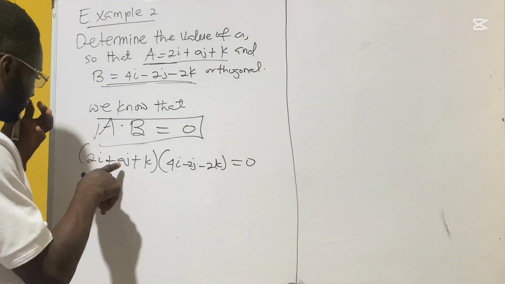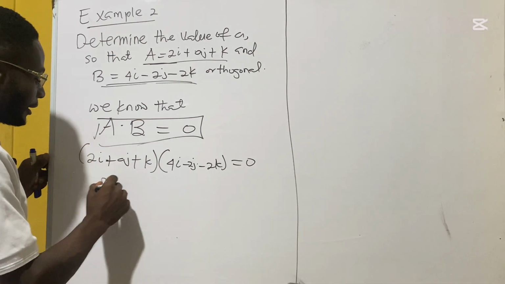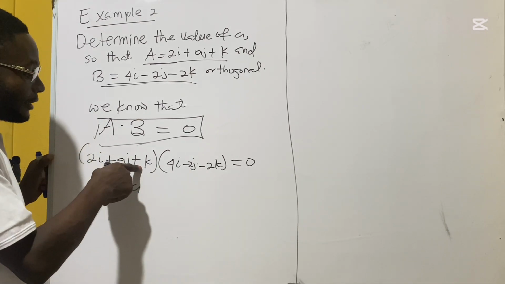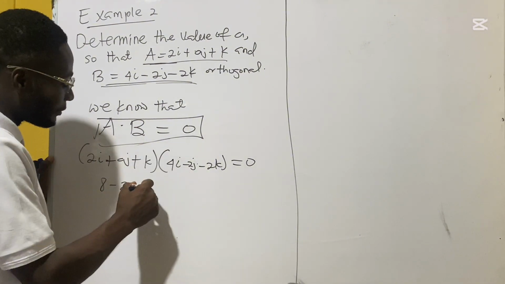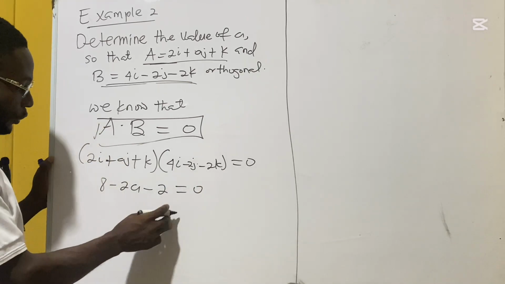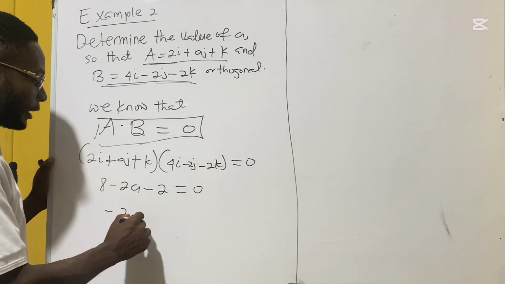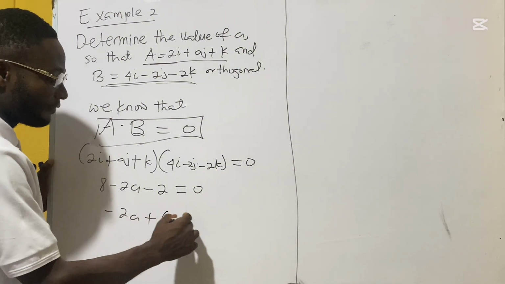Here we multiply a times -2, and that is -2a. Then 1k times -2k becomes -2, and that should be giving you 0. So here we have -2a, 8 minus 2 becomes positive 6. So we have that equals 0.